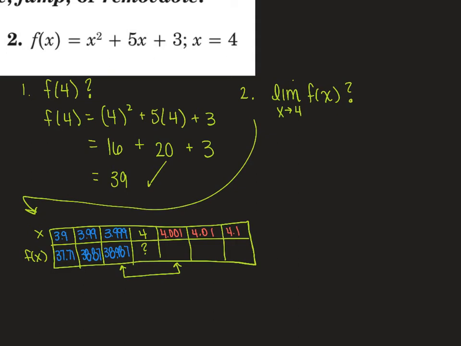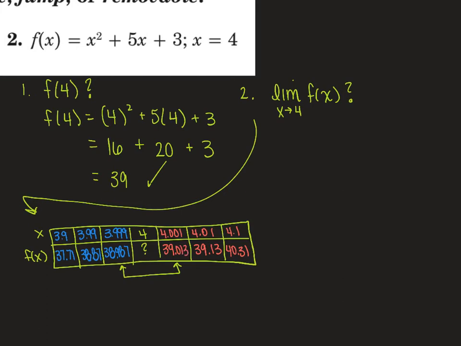There we go. And then when we're looking on our right-hand side now, when we plug in 4.1, we had 40.31. When we plug in 4.01, we have 39.13. And when we plug in 4.001, we have 39.013.